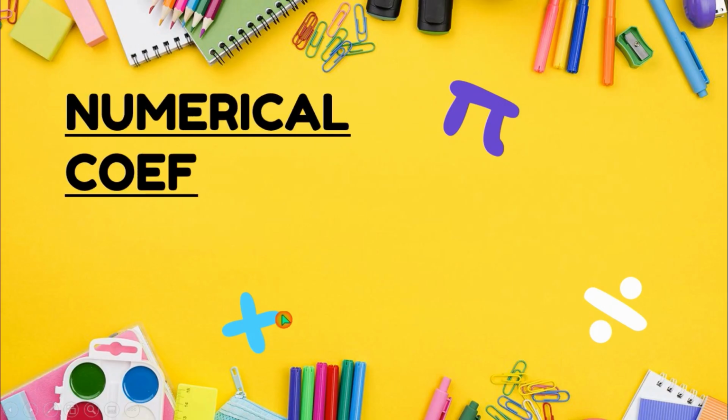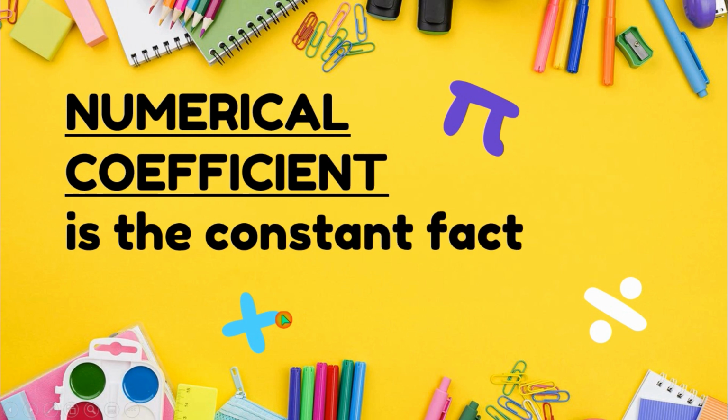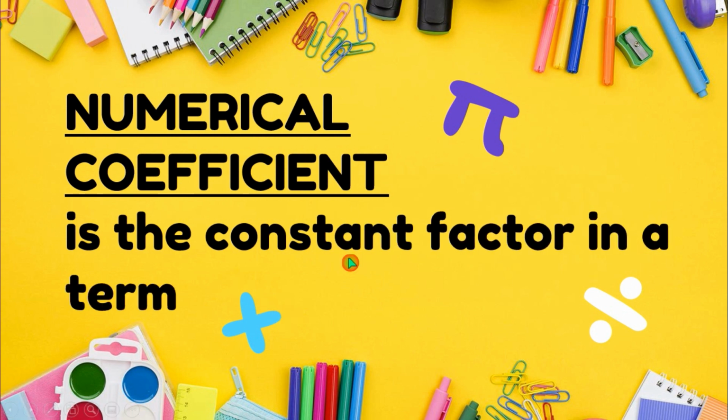Okay? Now, let us have the numerical coefficient. Numerical coefficient is the constant factor in a term. Okay? In a term. Pag sinabi natin constant, remember constant? It's the number. It's the fixed number. However, kailangan para matawag natin siyang numerical coefficient, dapat factor siya. Ano ba ibig sabihin ng factor? Ang ibig sabihin ng factor is that times. Okay? Yan.